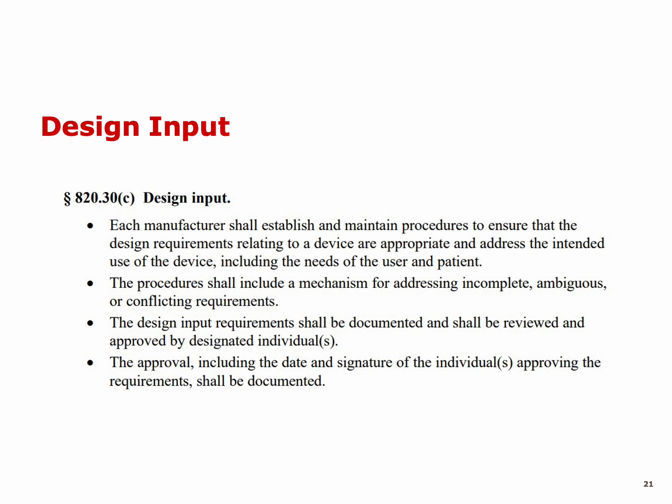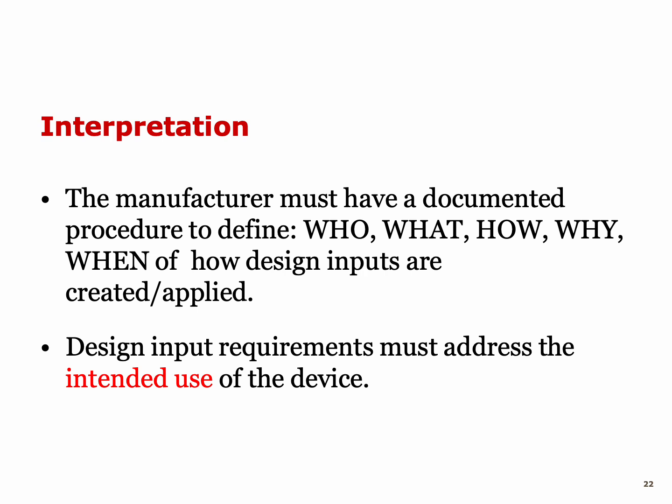Now the interpretation of what we saw is that the manufacturer must have a documented procedure to define the who, what, how, why, and when of how design inputs are created and applied. So here I'm talking about a set of procedures in writing that are needed for the design input only.